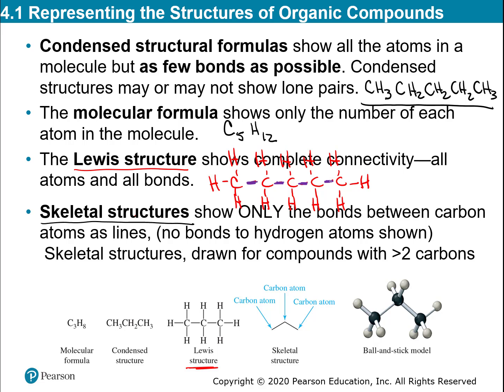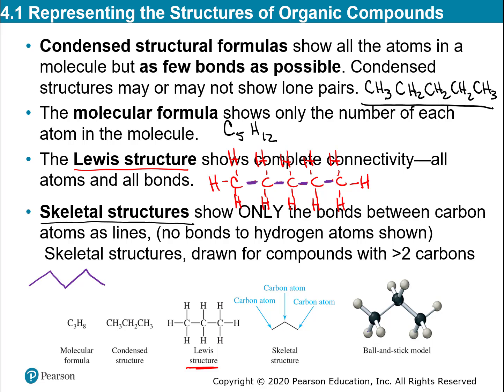So when I go to draw this skeletal structure, I use a zigzag because carbon has that tetrahedral shape, which actually, when you start making carbons in a chain, they automatically start to take on a zigzag shape. So skeletal structure for this 5 carbon chain would be 1, 2, 3, 4. Every end in a skeletal structure and every corner in a skeletal structure is a carbon.